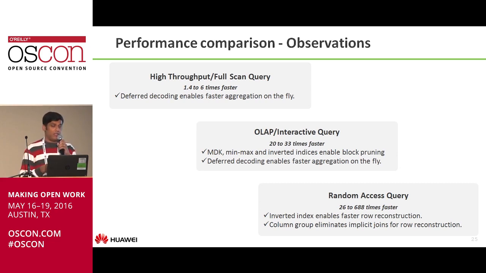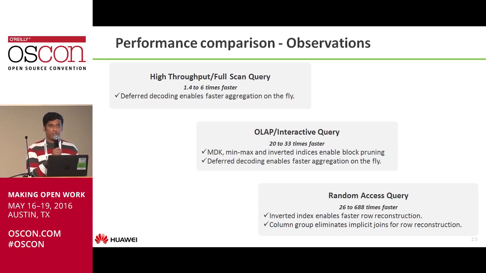Together, these indexes help us eliminate a lot of unwanted I/O and read the required data much faster, instead of wasting time reading data that may not actually be required. And since these OLAP queries also involve a lot of aggregations and group by, deferred decoding also helps here.